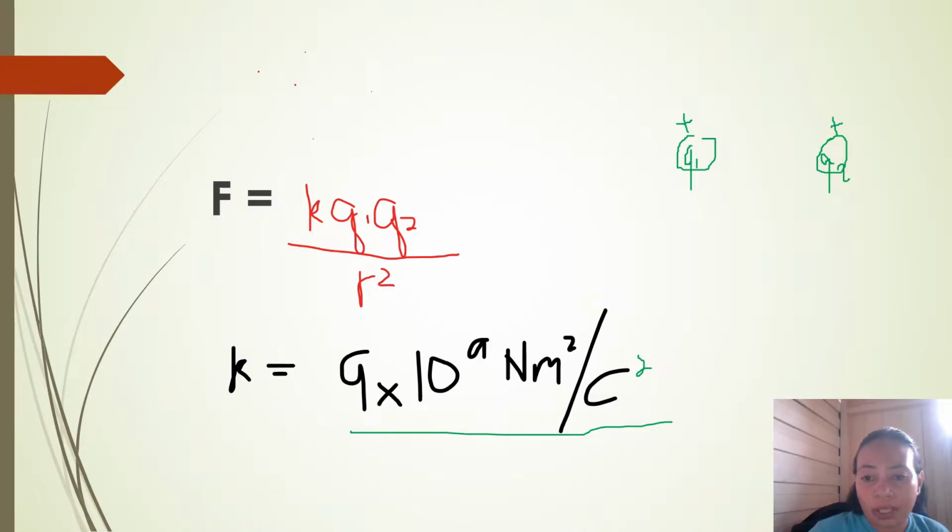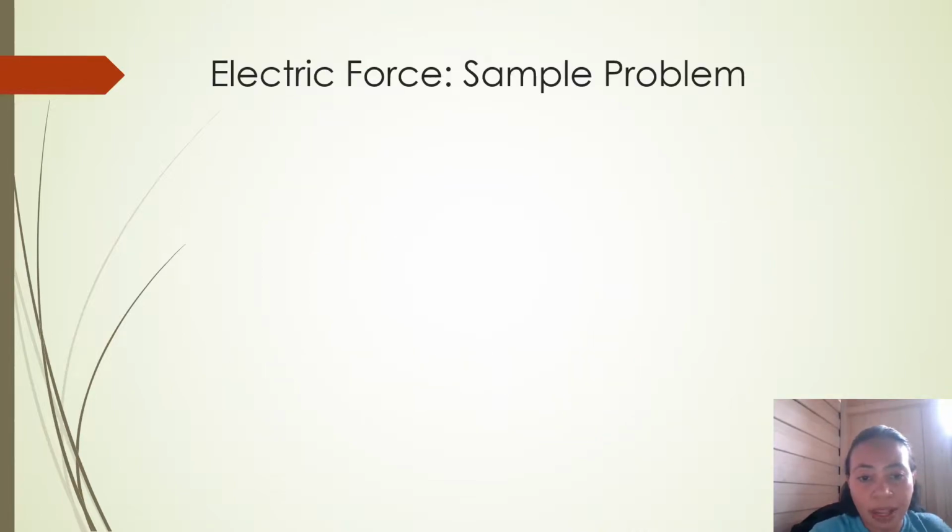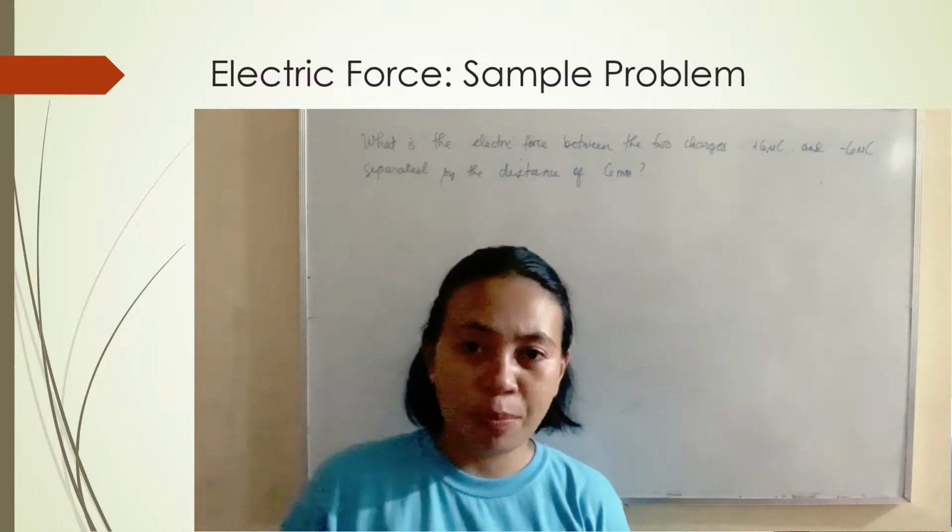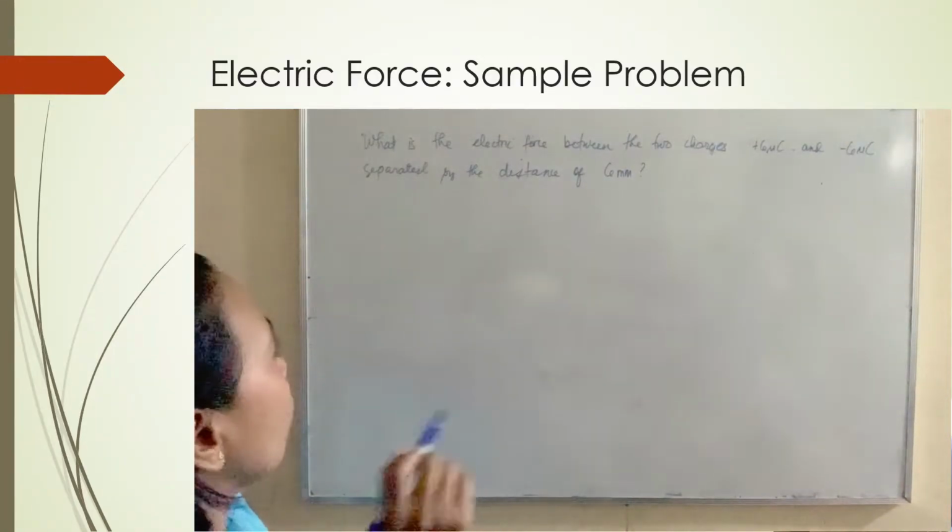There is a force here between your Q1 and Q2. The force here is the electric force, and the distance between your Q1 and Q2 is your distance of separation, and that's the R square. Okay, so let's have a sample about electric force.